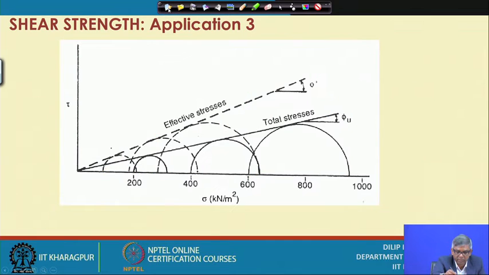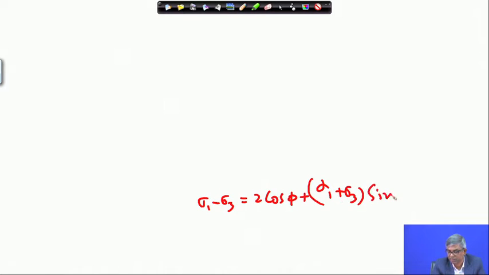For example, if I do this one, we will get sigma 1 minus sigma 3 equal to 2 c cos phi plus sigma 1 plus sigma 3 sin phi.